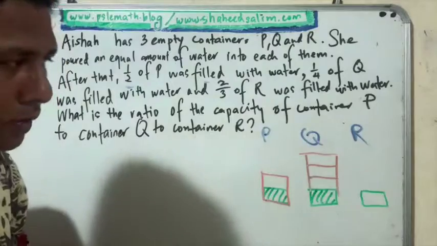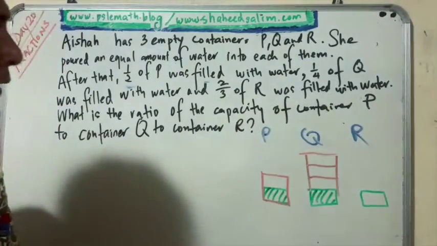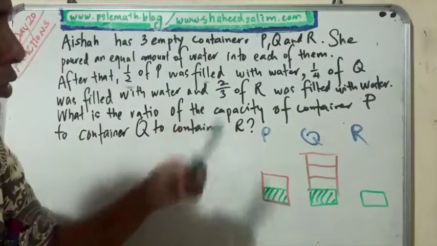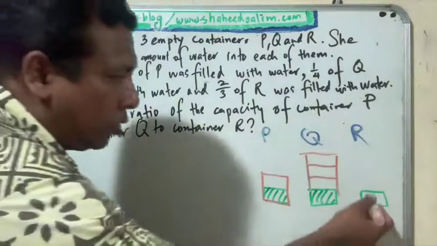Alright, and if this is R, and when the same amount of water is poured, it was 2/3 filled with water. So this is 2/3. You have to draw another 1/3.